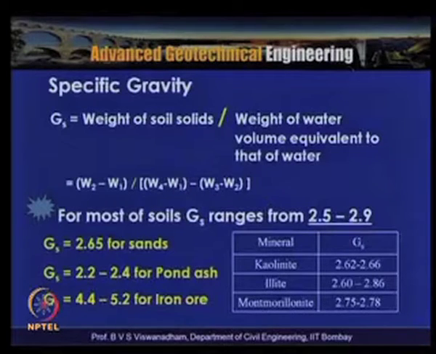For an illite based soil, the specific gravity is 2.6 to 2.86. For a montmorillonite based soil, the specific gravity can be in the range of 2.75 to 2.78. Normally for sands, the specific gravity of the solids Gs will be equivalent to 2.65, and for non-soil like materials, say pond ash, it has specific gravity in the range of 2.2 to 2.4.